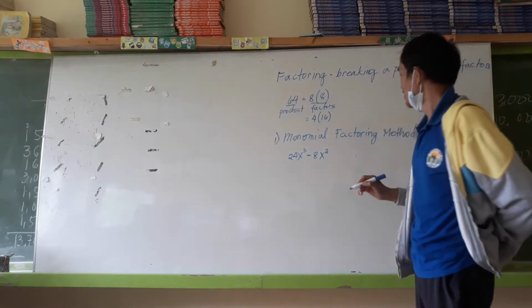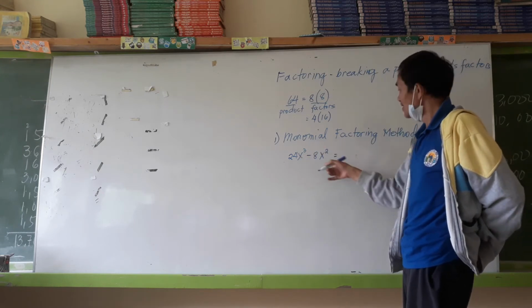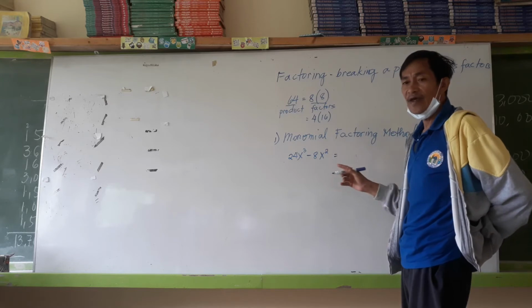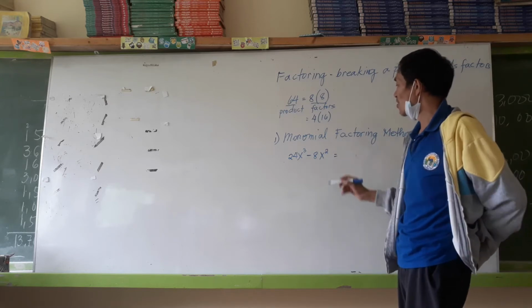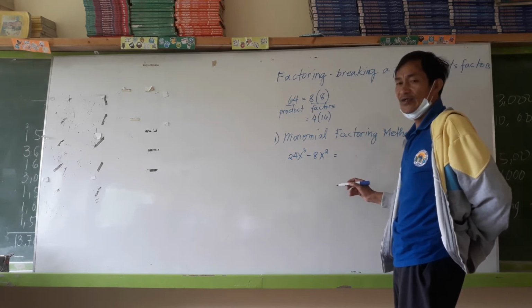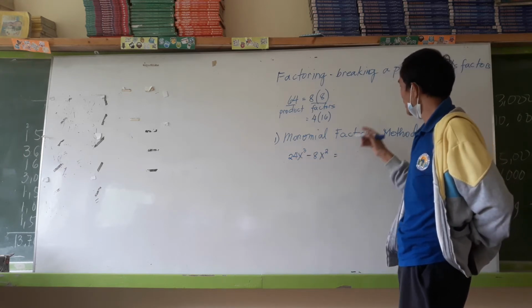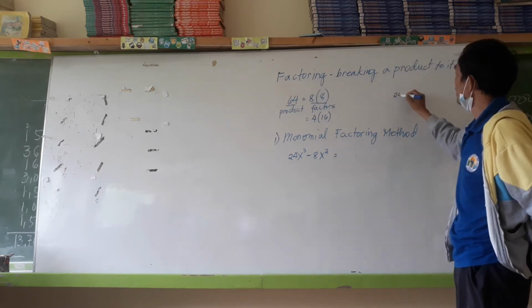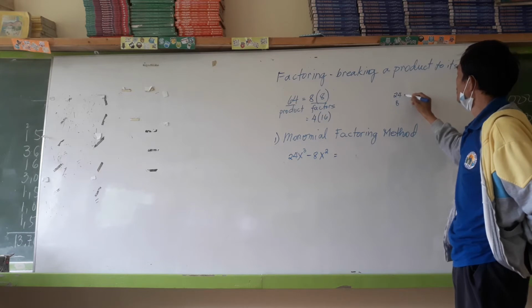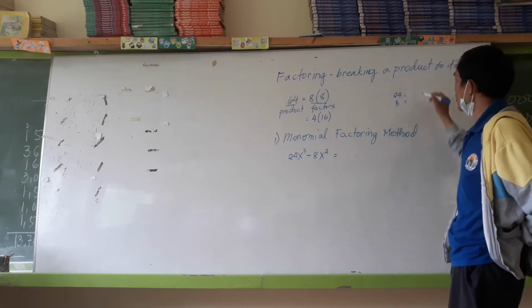In this type of factoring, we need to identify the GCF or the greatest common factor. So, how are you going to get the GCF of 24 and 8? You factor that by their prime factorization.